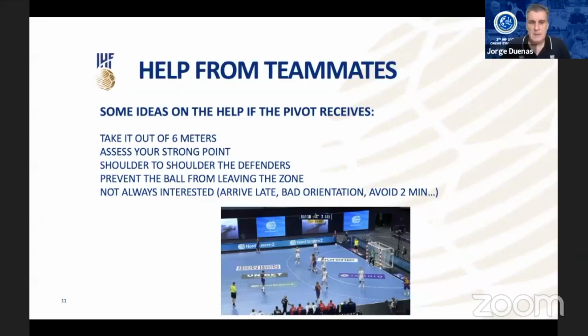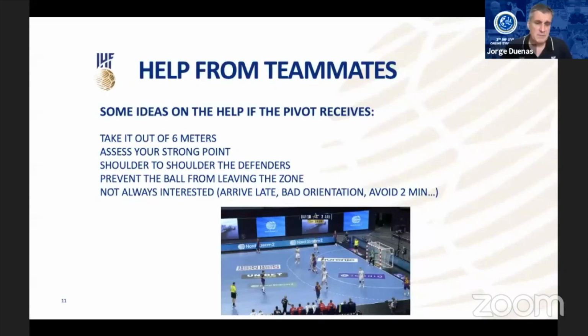But maybe if the defender is very clever, he accesses your strong point. You know that normally a player has a strong point and a weak point, and normally the attacker is better in the strong point, no?